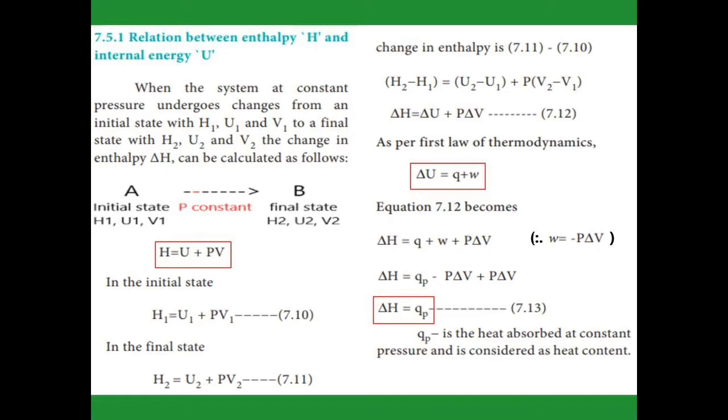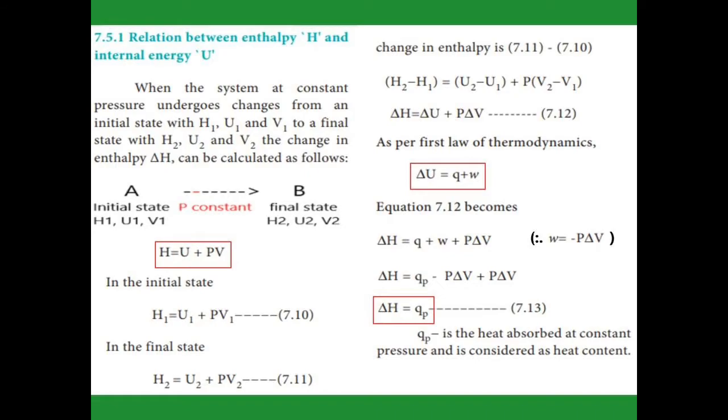So this is equation 7.11. Now we subtract 7.10 from 7.11. So H2 minus H1 is equal to U2 minus U1 plus P into V2 minus V1. We can write the change as delta H is equal to delta U plus P delta V. Here the P value never changes. So this is equation 7.12.